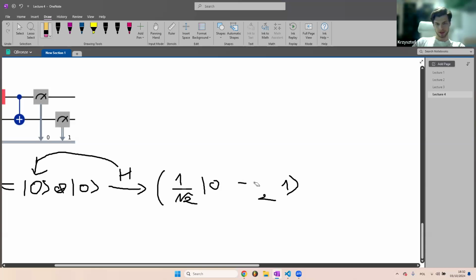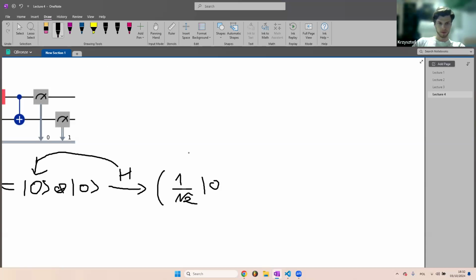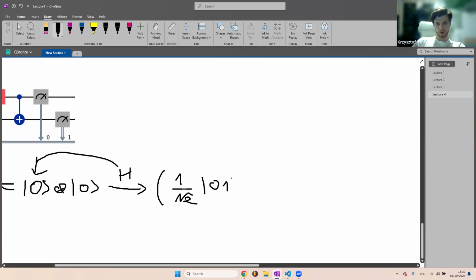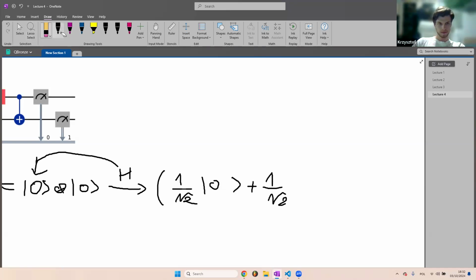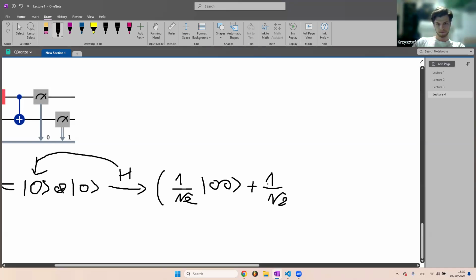Actually, I will write this in this form right here. 1 plus 1 over square root of 2. I'm sorry, here is 0, and here is now 1.